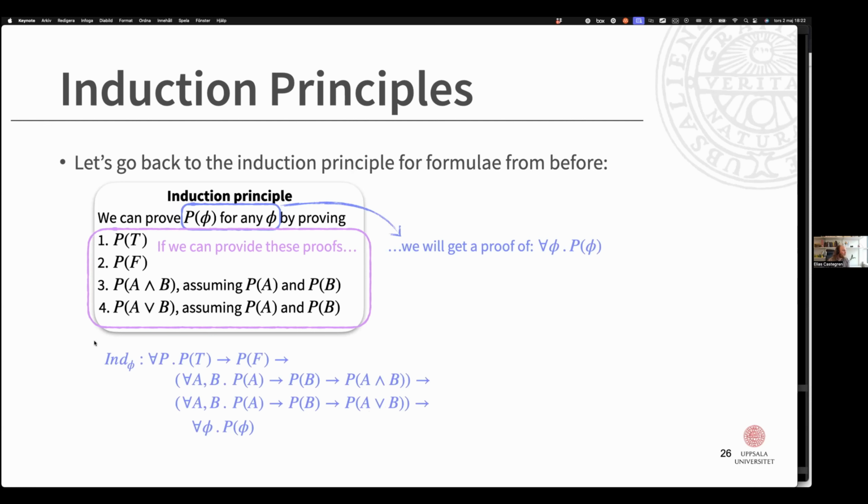So we've now again reified the induction principle into a function. It's a function that takes a property and a phi and gives a proof of that property holding for phi, assuming that we can give it these arguments.